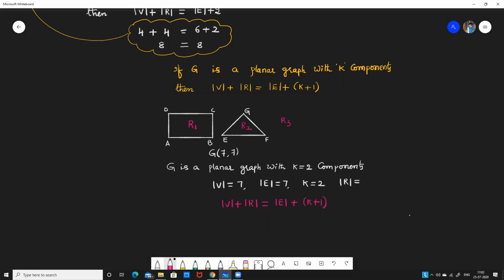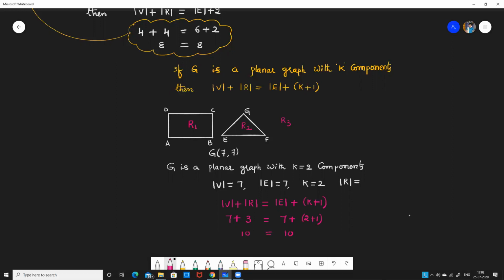Here number of vertices is 7. Sorry for the mistake, how many regions are we having? 3 regions. Number of edges, how many? 7. And k means 2 plus 1. So exactly 10 is equal to 10, which is satisfied.